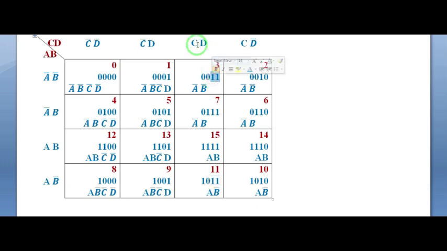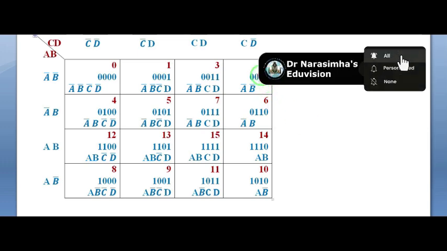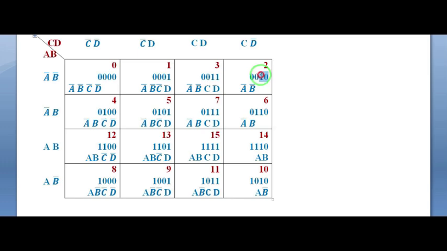So 1 is used to represent C and the next one is D. So fill every cell of column number 3 with CD. Similarly, if you go for the fourth column, row number 1 is 1 0, row number 2 is 1 0, row number 3 is 1 0, row number 4 is 1 0.